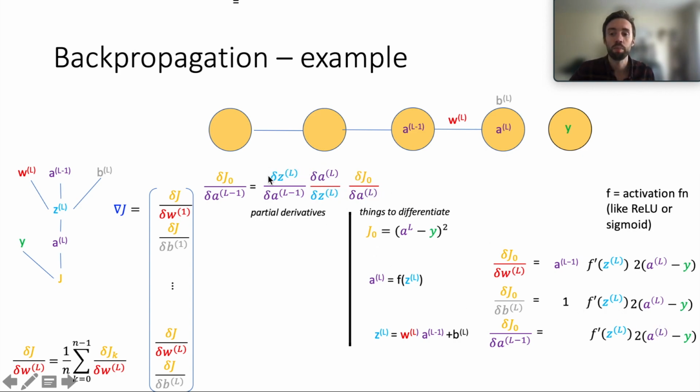We need to calculate the partial derivative of ZL with respect to the activity in layer L-1. And we can see that the partial derivative here of ZL is just going to be WL. So here we see that in order to move our errors back down the network, we need to reuse the weights that were used to propagate activity up the network.